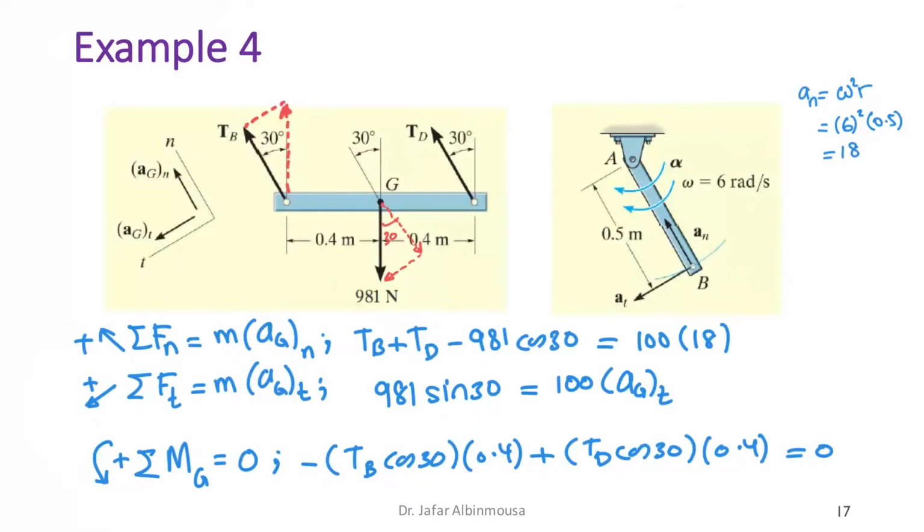While if you look at the component of TD, we will have this force, which is also the cosine 30 of this, but this one is going counterclockwise with respect to G, and this is why it is positive.